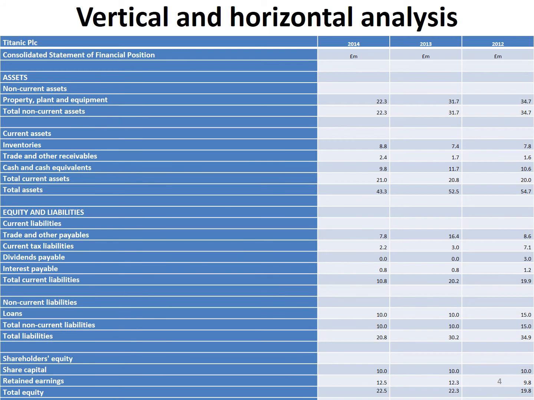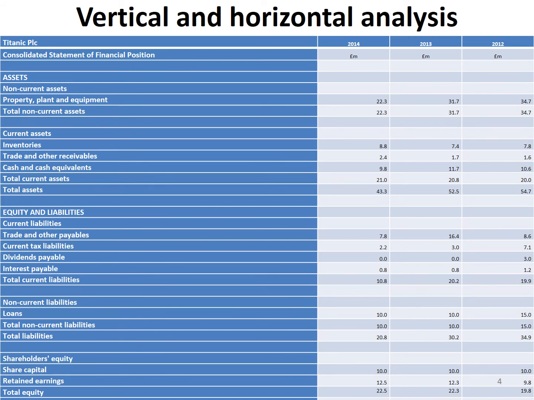You will take 2012 as the base year, so figures in 2012 will be the 100. You will compare not vertically, but horizontally. So you will go forward to 2013. Let's say the line item property, plant and equipment. In 2012, the value is 34.7.